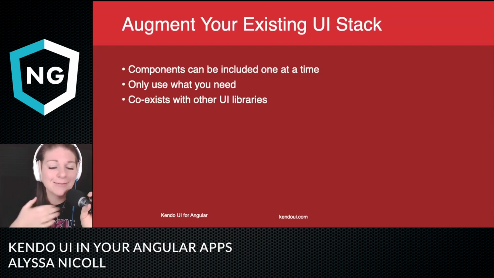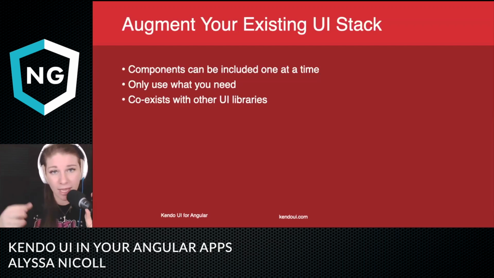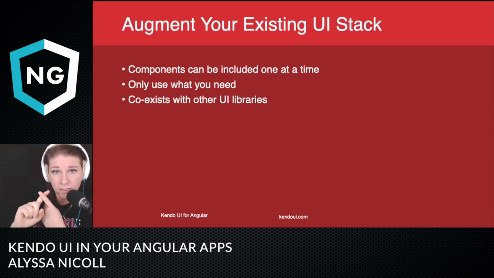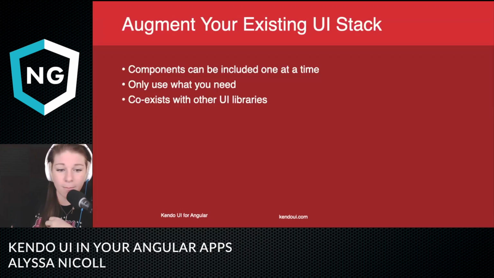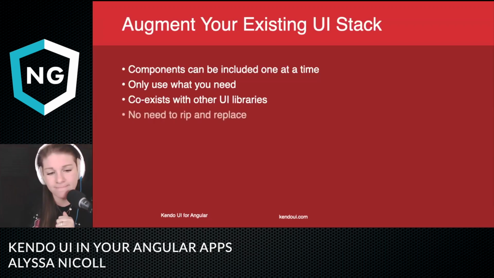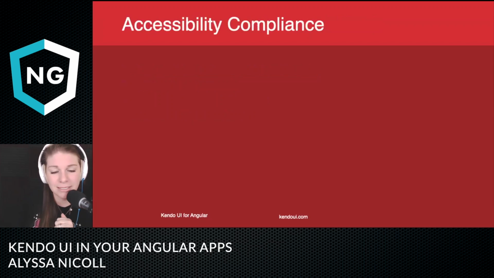Something I've really enjoyed about Kendo UI is how easy it is to customize and how few important tags are used across the components, because that was one of my pains with Bootstrap. We're conscious of specificity, and we are only as specific as we need to be. That allows you to bring in your own custom styles or other libraries to integrate well with us. So no need to rip and replace.